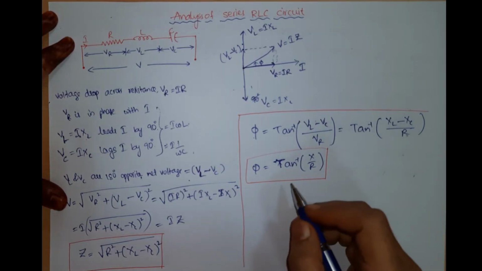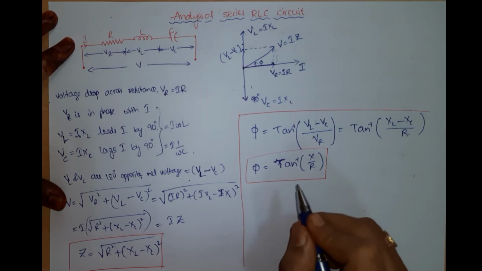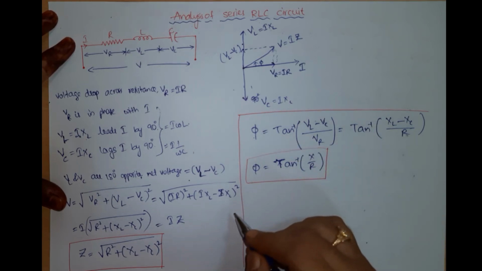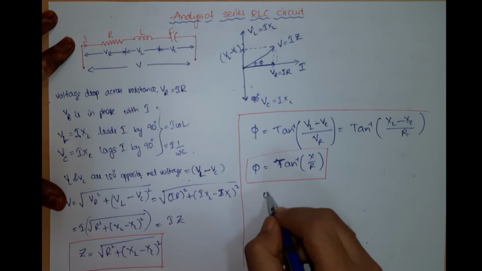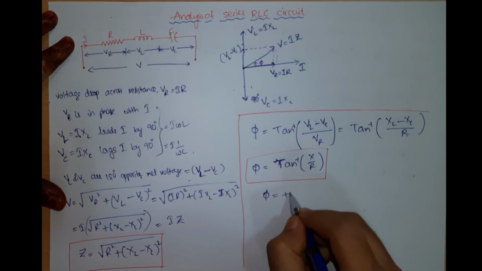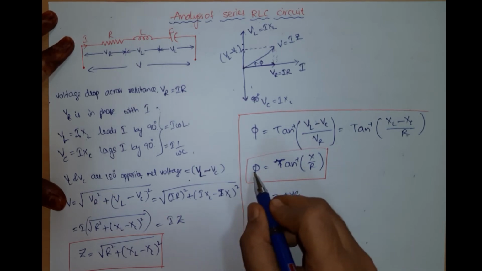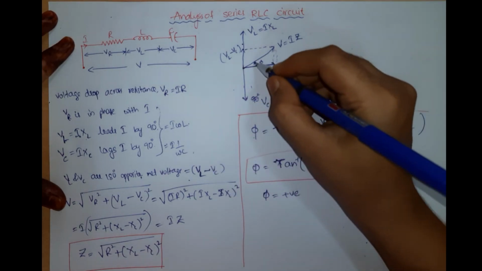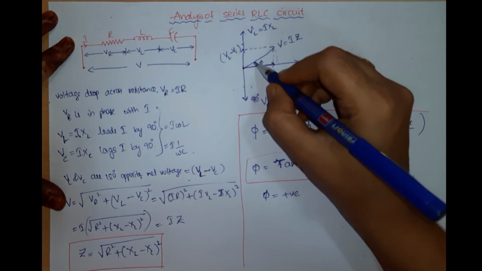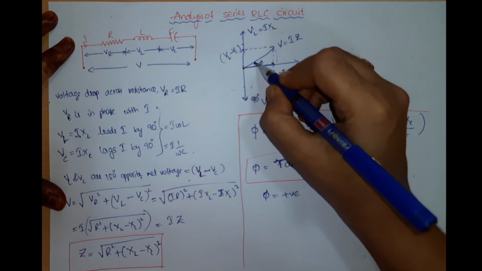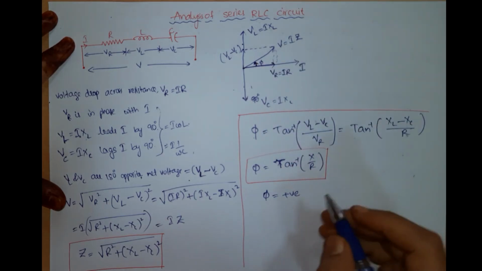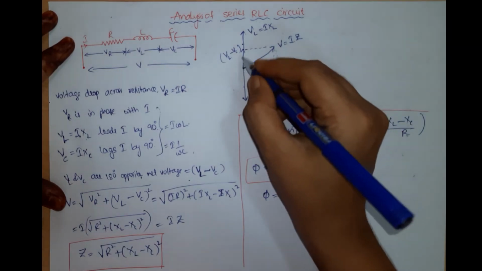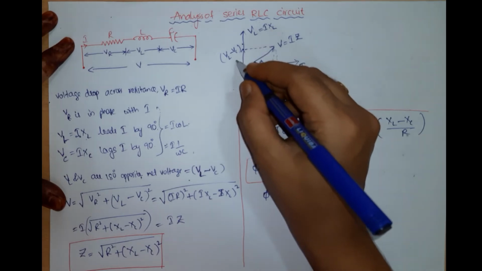Also, if you look closely at these formulas, you can come to some conclusions. If phi is positive, that means it is in this direction. Positive is nothing but the anti-clockwise direction. That means if the phase angle phi is positive, the resultant is in the upper direction. When do we get the resultant on this side?